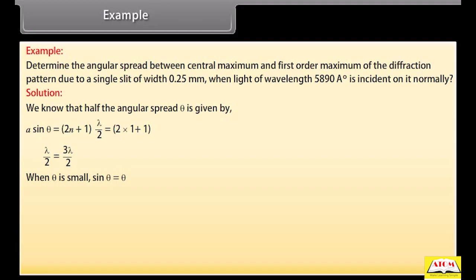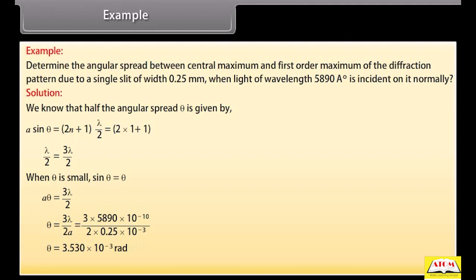It gives a theta equal to 3 lambda by 2. On putting the values, we get the value of theta equal to 3.530 multiplied by 10 raised to the power minus 3. Hence, the total angular spread is equal to 3.530 multiplied by 10 raised to the power minus 3 radians.